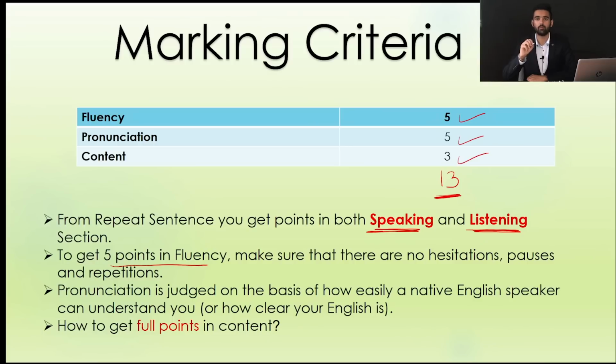So you get 5 points for fluency, right? So how do you get 5 points in fluency? In PTE particularly, you get 5 points in fluency if you speak at a natural pace, you go in a flow without hesitating anywhere, without stopping anywhere, without repeating anything, and without correcting yourself, right?